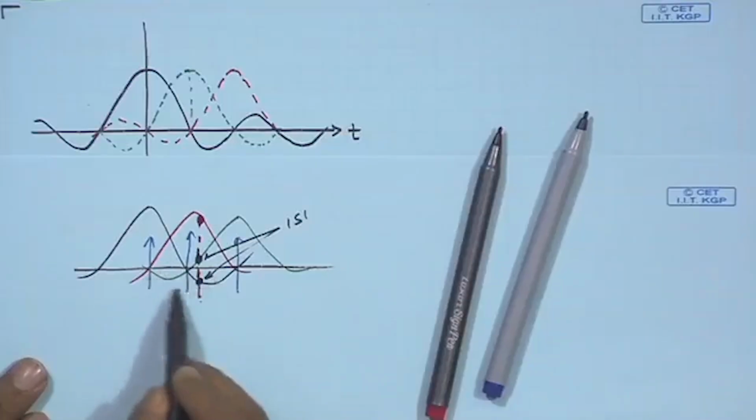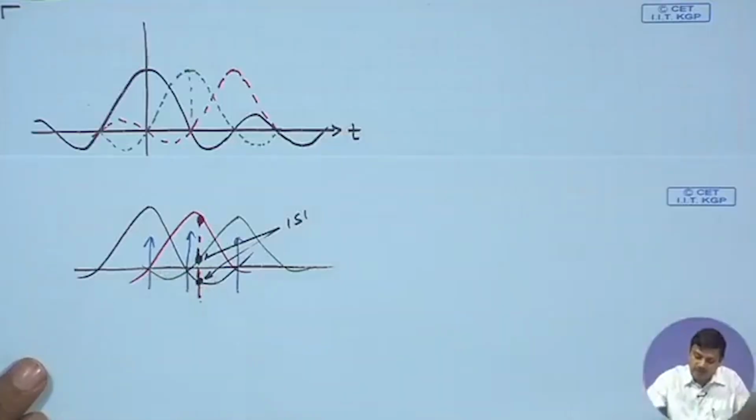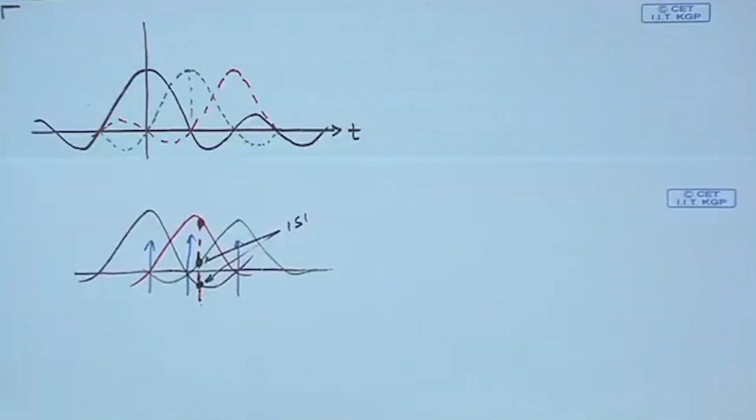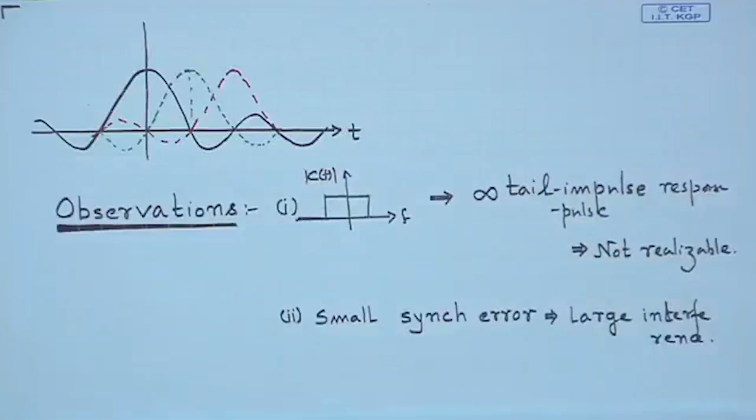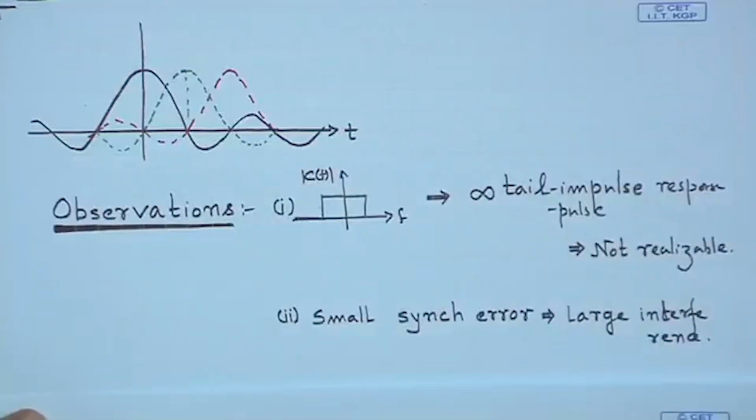So, this, although it produces orthogonality and the highest packing, still has some problems which we can visualize from a situation as depicted here. Small synchronization errors can cause large interference because of the pulse shape.